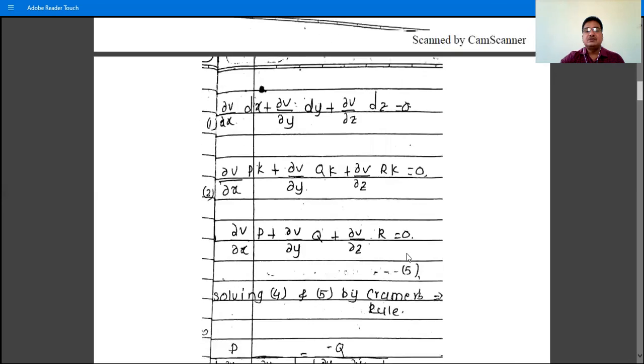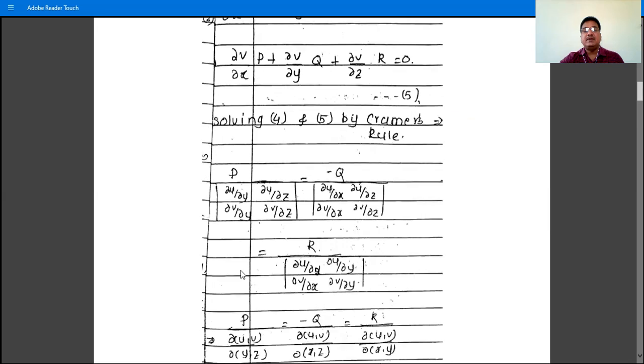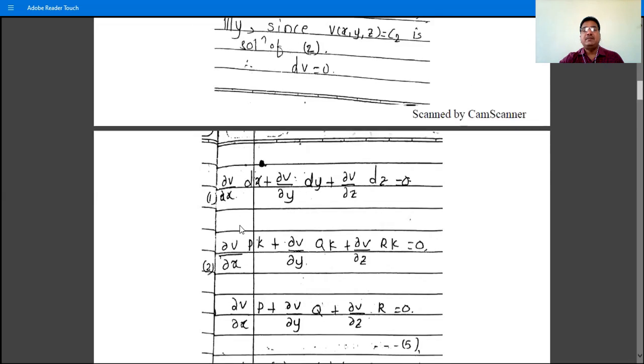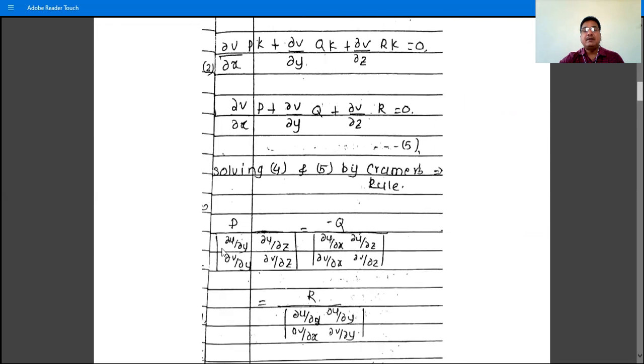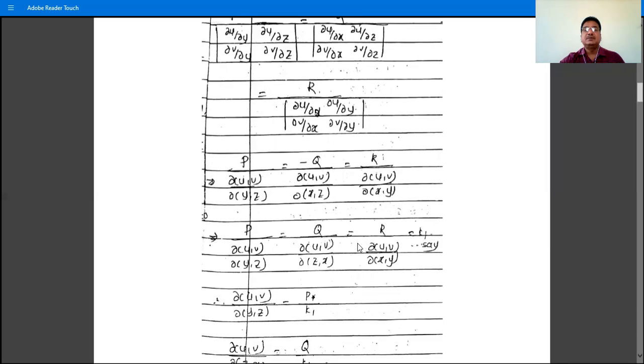So solving 4 and 5 by Cramer's rule, we have P divided by the determinant of ∂u/∂y, ∂u/∂z, ∂v/∂y, ∂v/∂z, and minus Q divided by the determinant of ∂u/∂x, ∂u/∂z, ∂v/∂x, ∂v/∂z, and similarly R divided by the determinant of ∂u/∂x, ∂u/∂y, ∂v/∂x, ∂v/∂y.